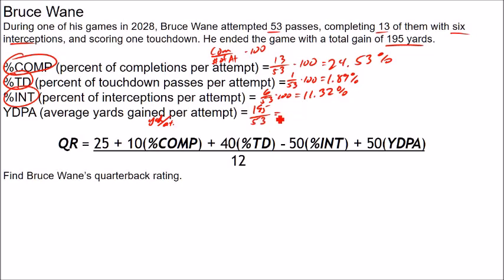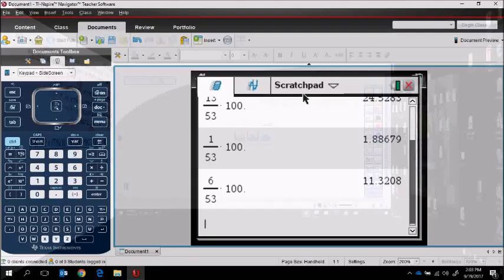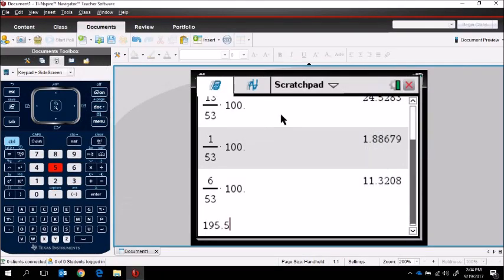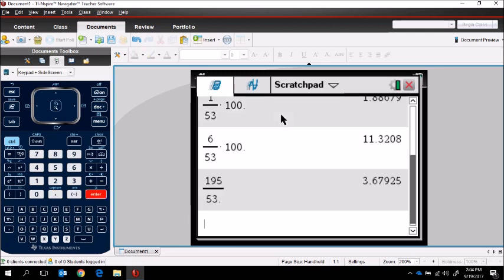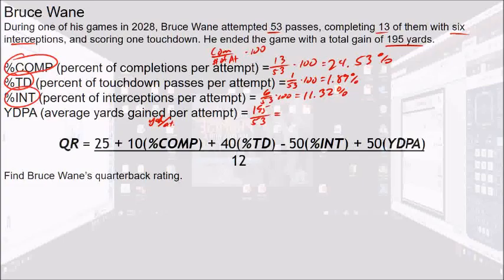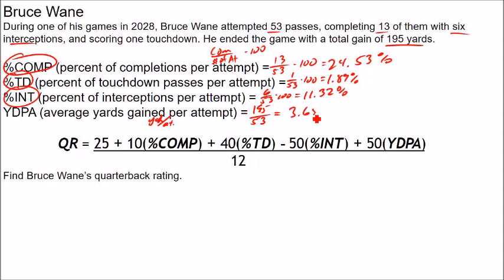Okay, this one is not a percent, so I'm not multiplying it times 100. Okay, so just 195 divided by 53, put a little decimal point at the end, and there's our 3.68. Again, rounded. 3.68 rounded, and that's yards per attempt.